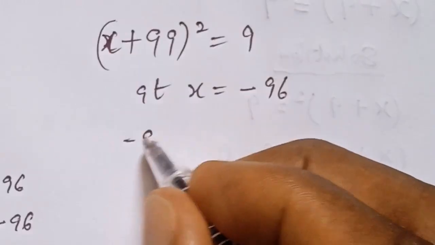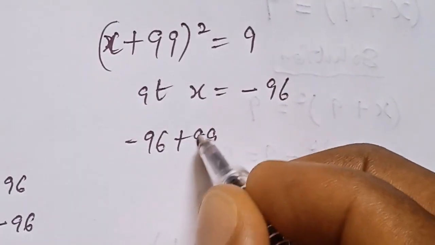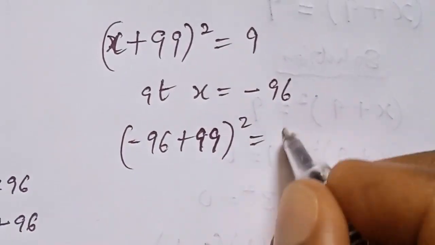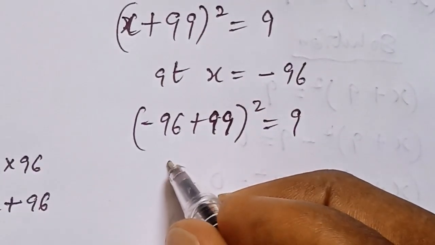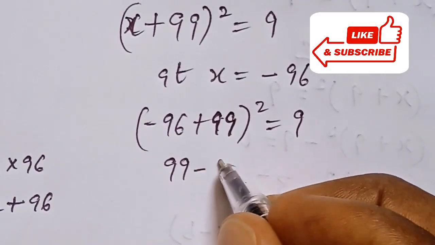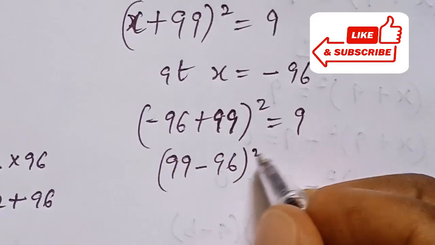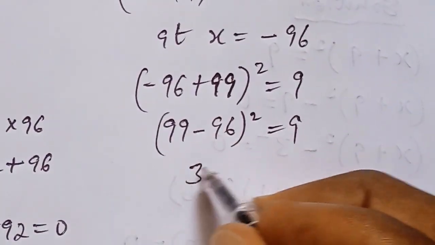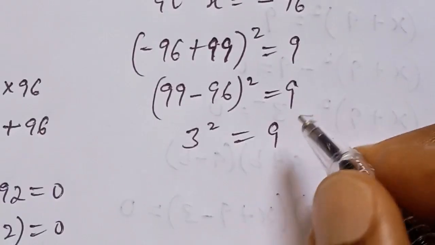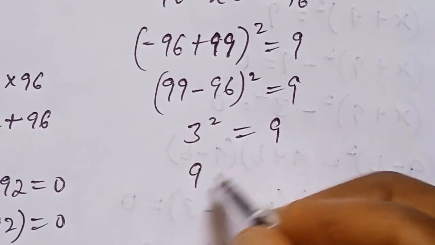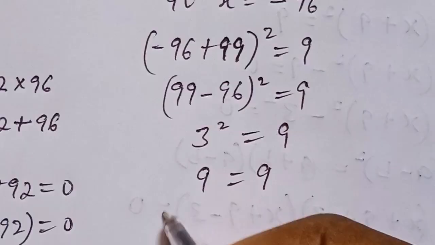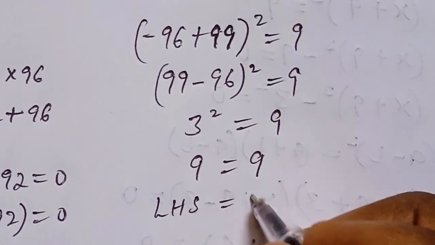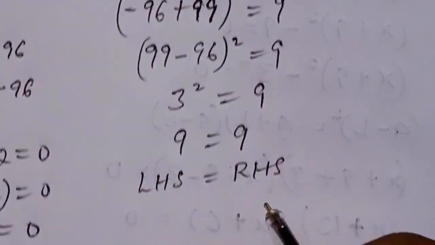We have minus 96 plus 99 to the power of 2 equal to 9. This means 99 minus 96 in brackets to the power of 2 equal to 9. That will give us 3 to the power of 2, which equals 9. So this proves the first value, that the left hand side is equal to the right hand side.